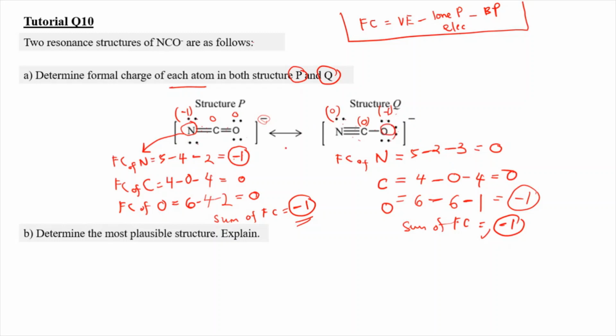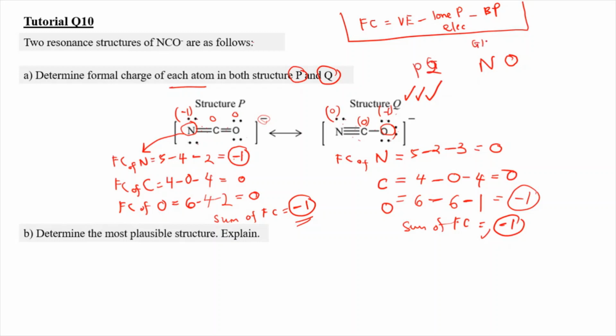So, which of the following structure, for question B, determine the most plausible structure, P ataupun Q? So, sebenarnya, the most plausible structure here will go towards Q. Why is that? This is because between nitrogen and oxygen, both of them are in period 2, right?